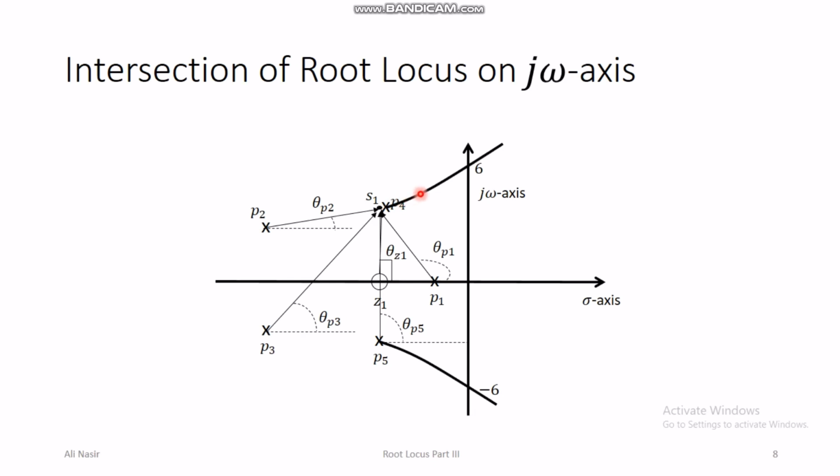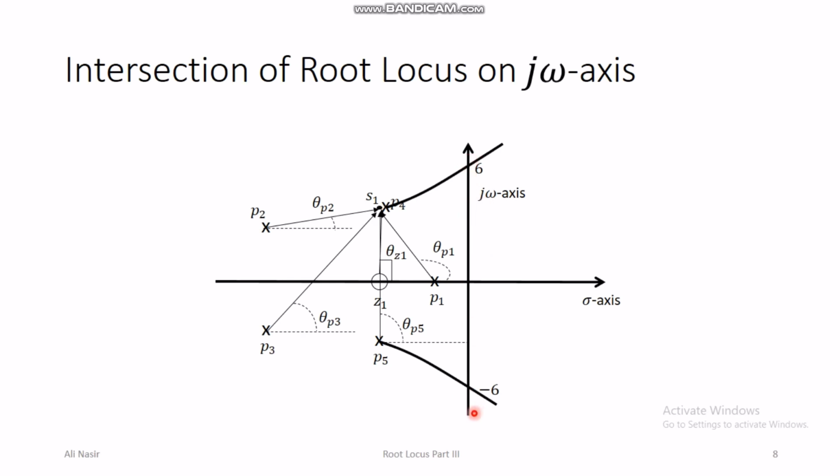So this is how it is going to move, and when it crosses the jω axis, it will be at 5.93j, or roughly 6j. And similarly this will be minus 5.93j, or roughly minus 6j. So this is minus 6j and this is plus 6j on the jω axis.